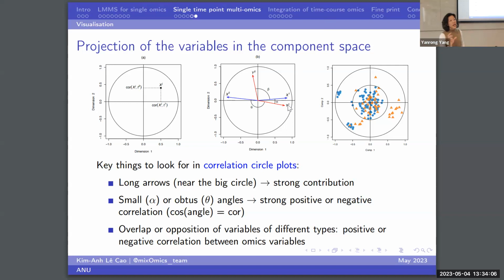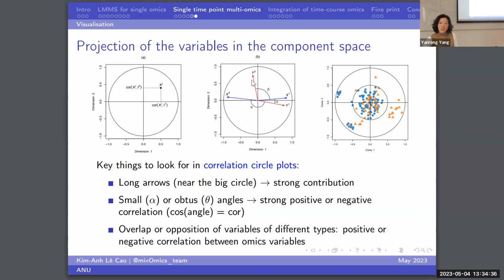And then you can look at the angle between those variables. If the angle is small, the cosine of the angle represents the correlation between those variables. So you can see that x1 and y1 are highly correlated together. That makes sense because they're both important to explain component 1, and so they probably explain similar information, similar variation in the data.